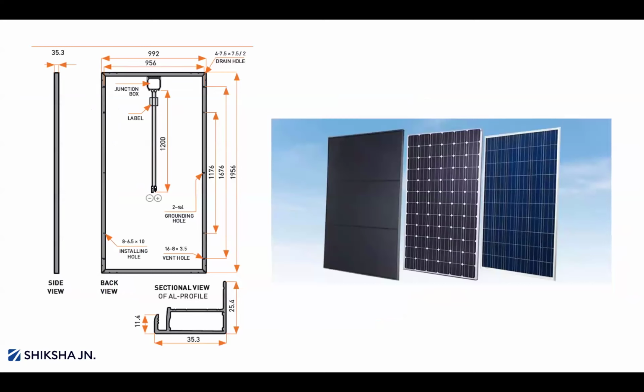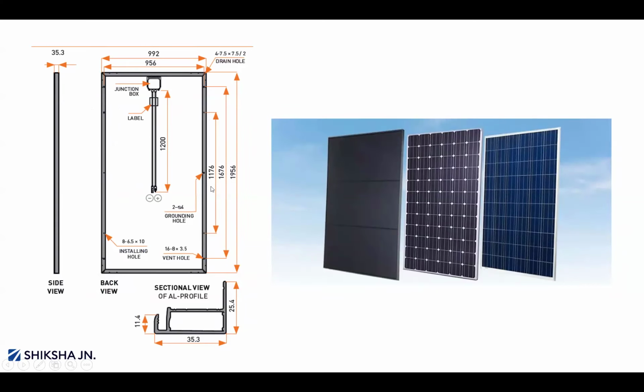And you can see this is the typical module mounting. To design a module mounting structure, to place the modules on it, this drawing is required. This is the backside drawing.